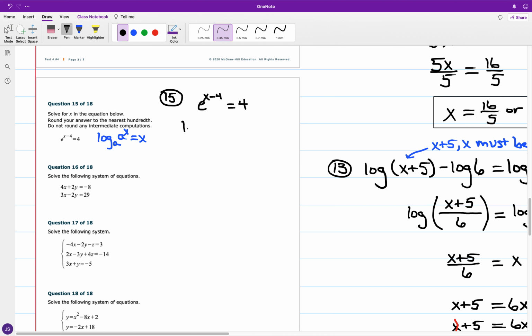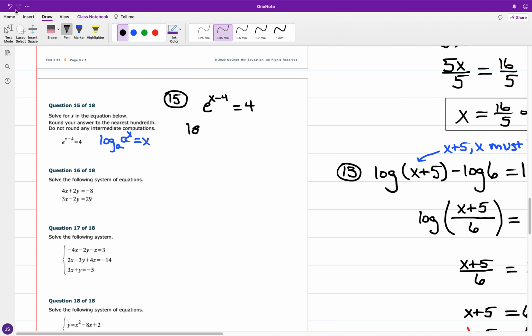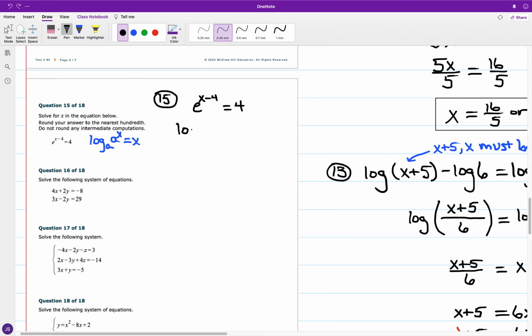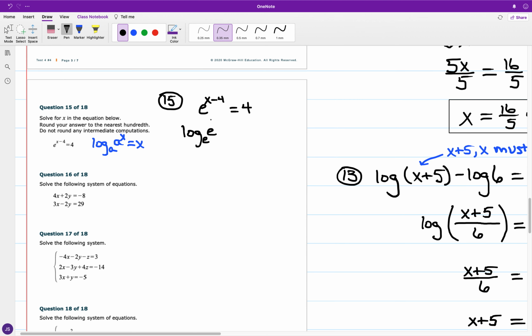If I take the natural log of both sides, we either say that we have ln or base e logarithm of e to the x minus 4. And so the left hand side, we have an x minus 4, and the base e logarithm of 4 is going to be the natural logarithm of 4.